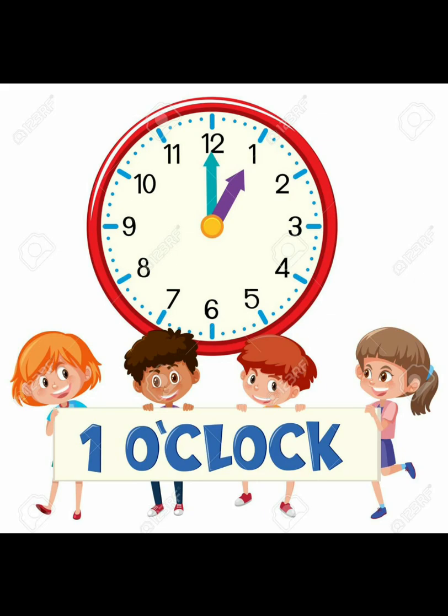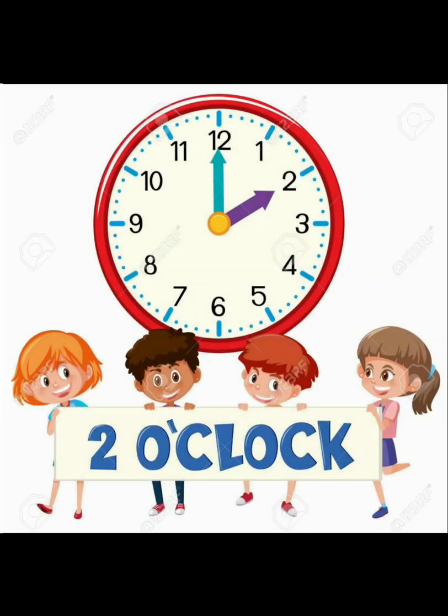So the time is 1 o'clock. It's so simple. Now see the next clock. The short hand is at 2 and the long hand is at 12. So the time is 2 o'clock.